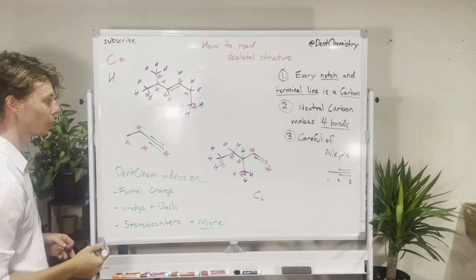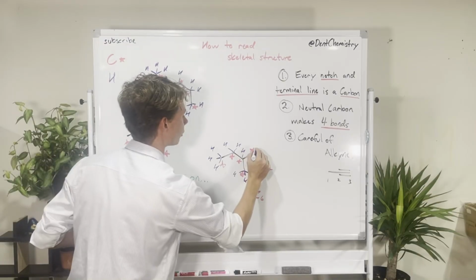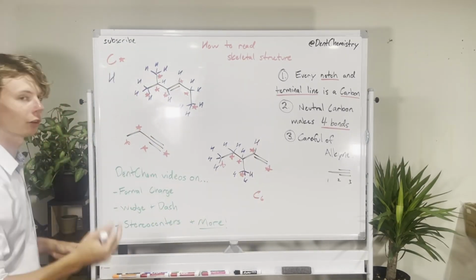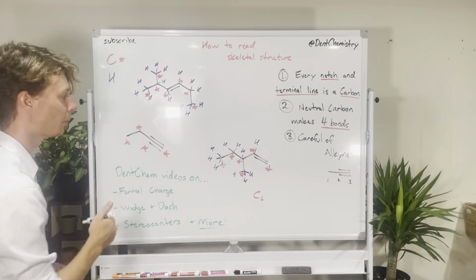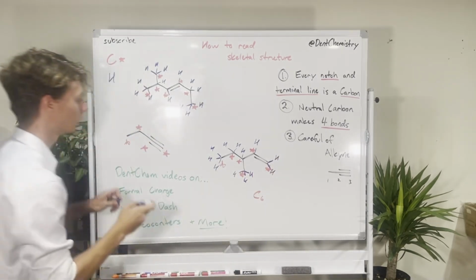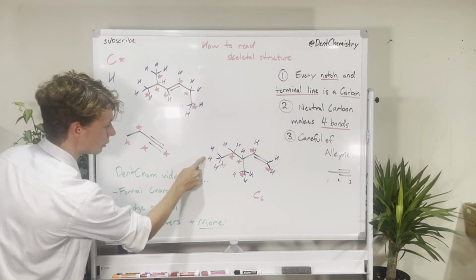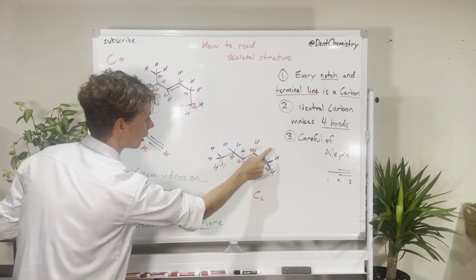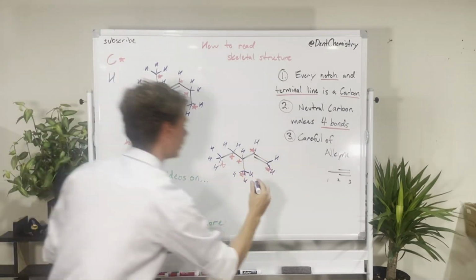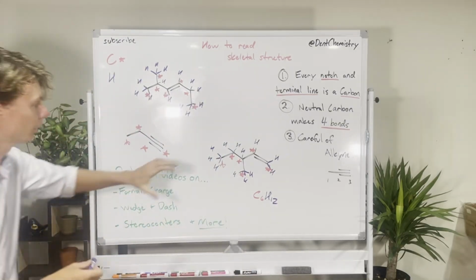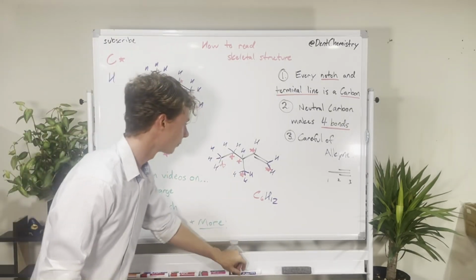Now it's making 4. 3 bonds currently, it needs 1 hydrogen. And our carbon down here at the end is currently making 2 bonds. That double bond, it needs to have 2 hydrogens on it. All right, 1, 2, 3, 4, 5, 6, 7, 8, 9, 10, 11, 12 hydrogens. C6H12 is our chemical formula for that structure there.